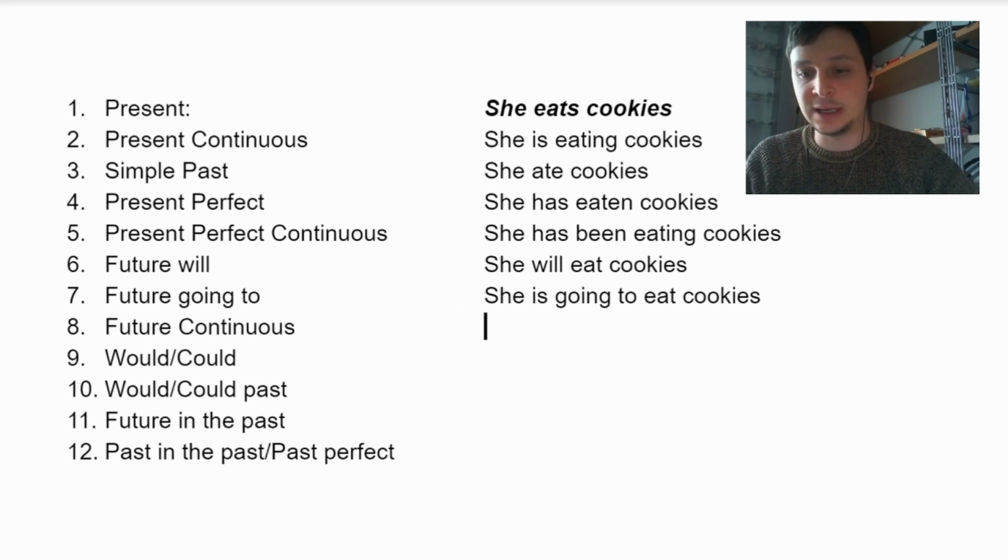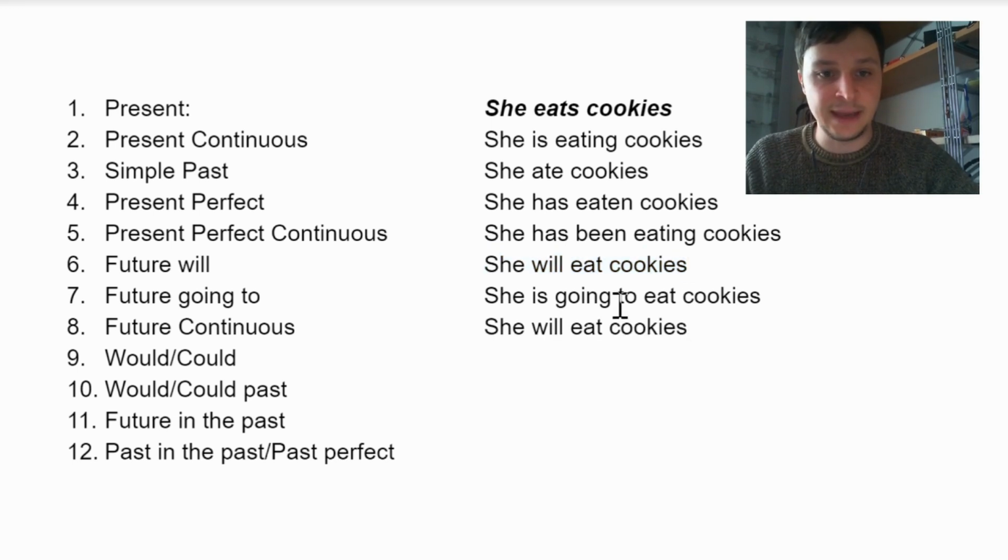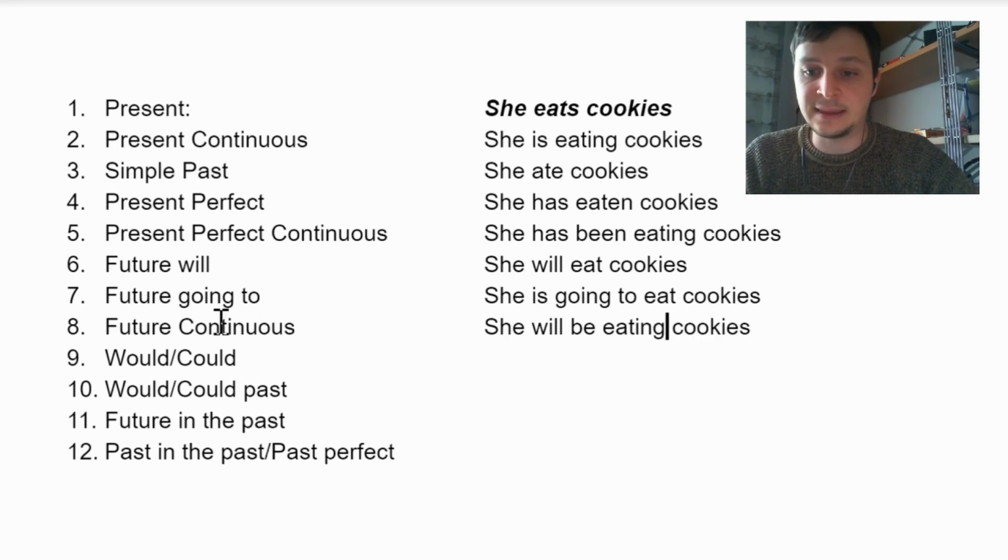But let's go to future continuous. So to do future continuous, let's take the will and do she will eat cookies. Remember how we added this been here? After will, it's always base form. So let's add be. She will be eating cookies. That's the continuous. She will be eating cookies. What about going to?